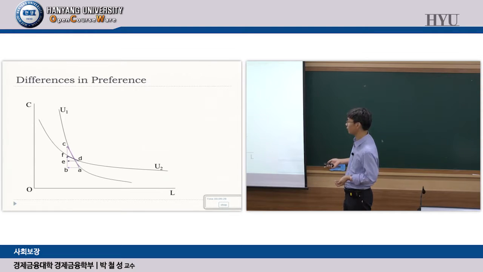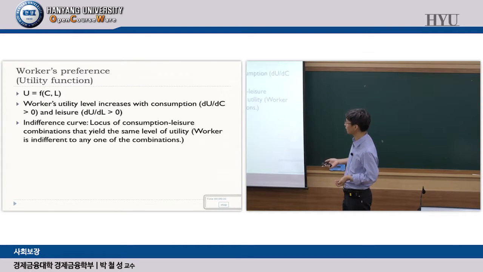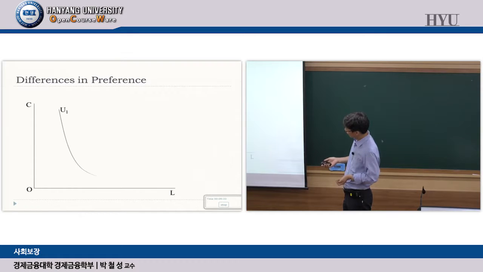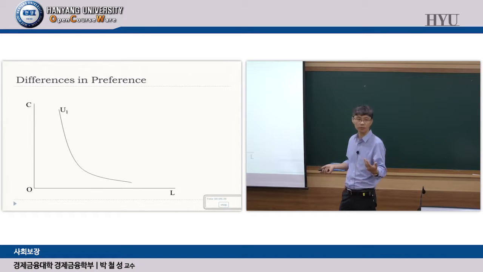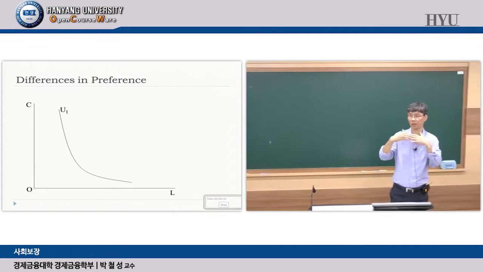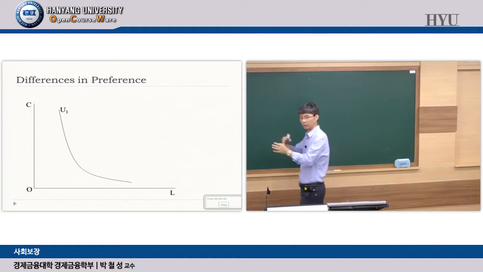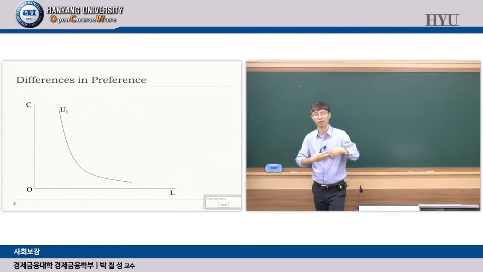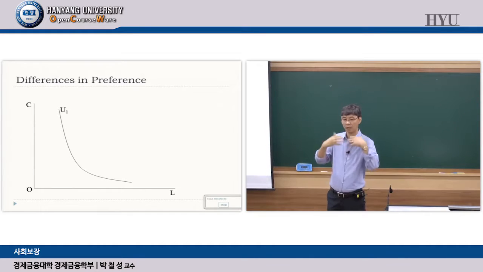Now, obviously individuals have different preferences, which means individuals have different degrees of liking consumption versus leisure. Some person likes leisure a lot, some person likes consumption a lot.